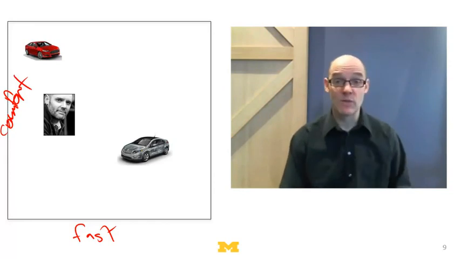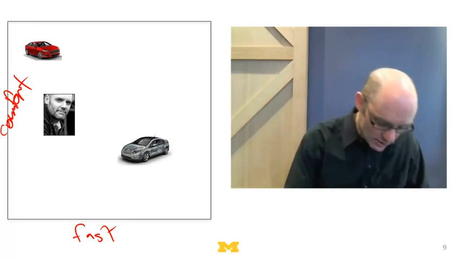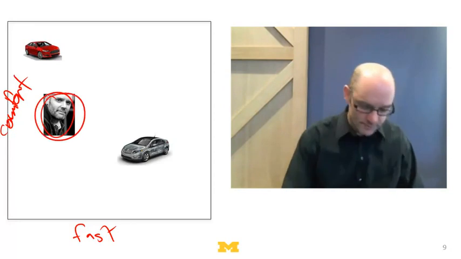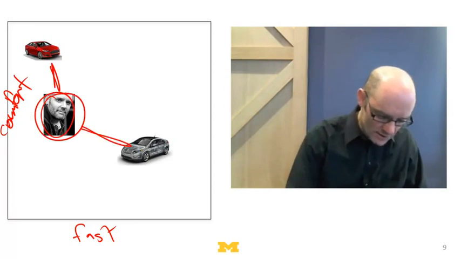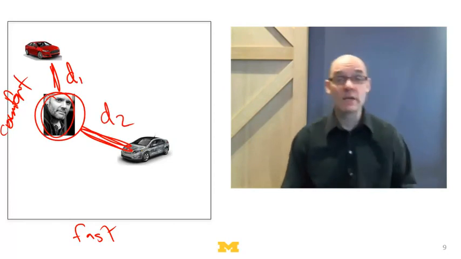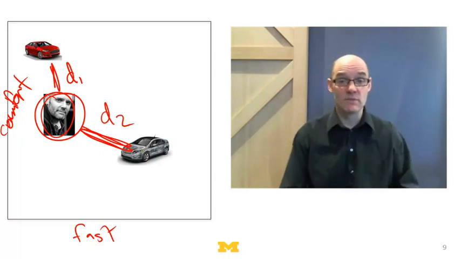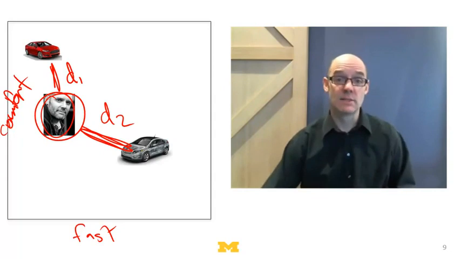And maybe I don't want it to be too fast because my sons are going to be driving soon and I want a car that isn't quite as speedy. So this is my ideal point right here. Then I can think about how far these cars are from my ideal point. This is distance 1 and distance 2, and I buy the car that's closer to my ideal point. So that's another way we can think about making decisions spatially, in terms of how close one product or one policy is to my ideal preferences.